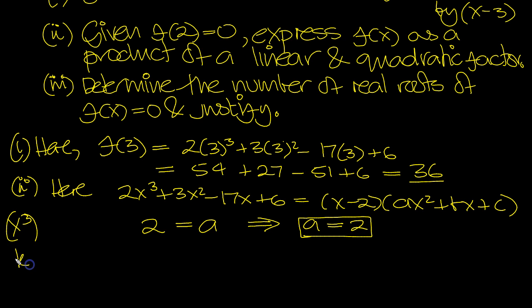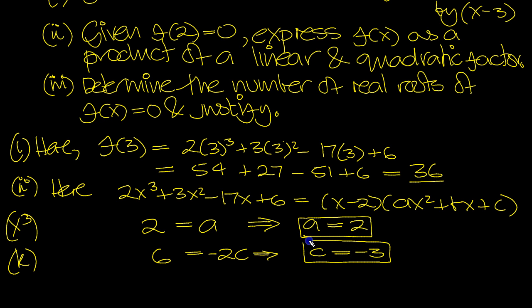Let's do the constants next. So 6 on this side is equal to, the only constant that comes out here is going to be this one here, minus 2c. So c equals 6 over minus 2, which is minus 3, isn't it? So there's c. Now we'll equate the x squareds, because there's only 3 of those.